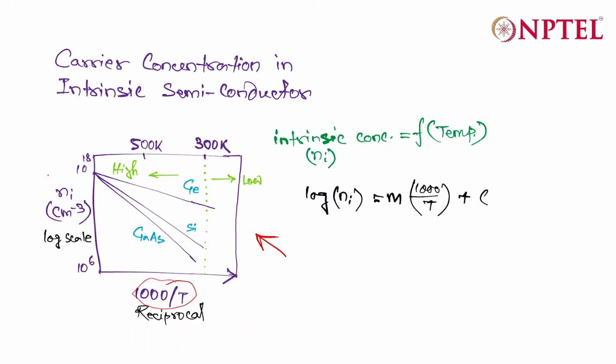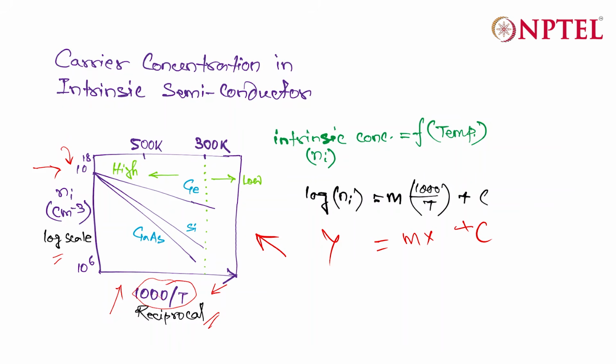So if you look at the axis, you'll find that in the y-axis it's a log scale, and in the x-axis it's reciprocal of temperature. So this is something like the log of carrier concentration is linear with respect to reciprocal of temperature. So if you write y equal to mx plus c, it's something like that.